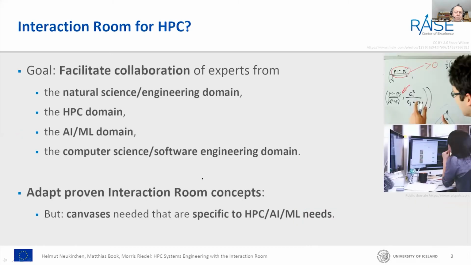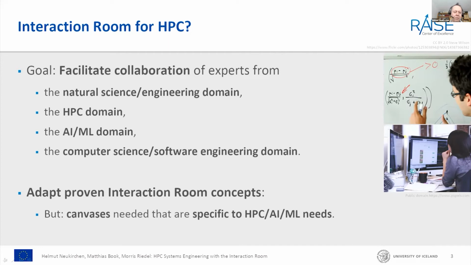And therefore, the question is, for what can you use the interaction room in HPC projects? Essentially what we have is that guy here from some natural science or engineering domain, and some guy who could be from some HPC domain or an AI specialist or in general a computer scientist or software engineer. And these somehow should talk together. Therefore the idea is we adopt the proven interaction room concepts.